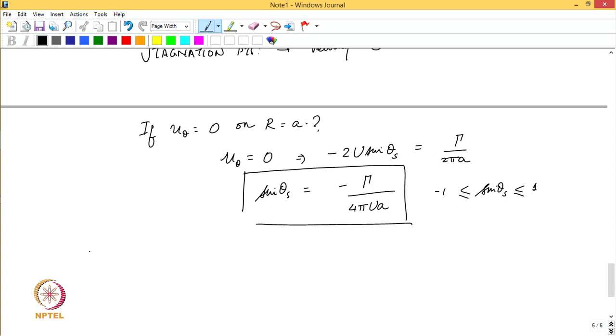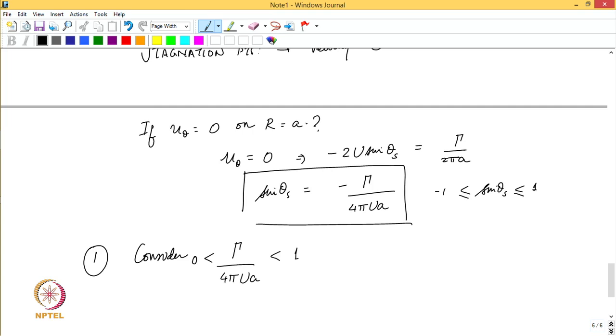So, let us first consider this possibility that gamma by 4 pi u a, where all these numbers are positive, by the way, gamma is positive, u is positive, a is positive, is less than 1. It is of course greater than 0, needless to say, because everything is positive, but say it is less than 1.